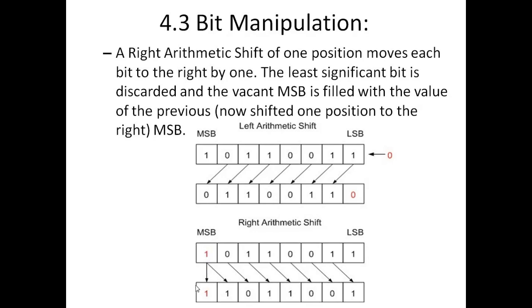It is sent down in its original position, like the leftmost bit, as well as copied one place ahead. If this was a right arithmetic shift of two places, it would have been copied here and here, and this bit would have been filled with 0.